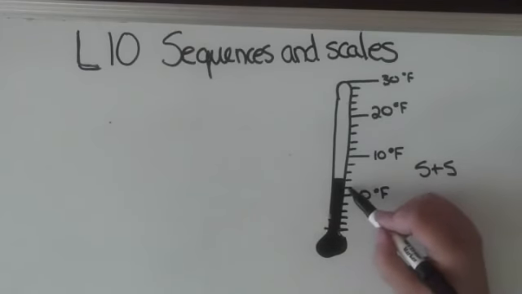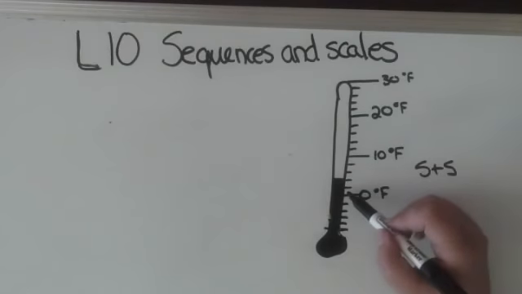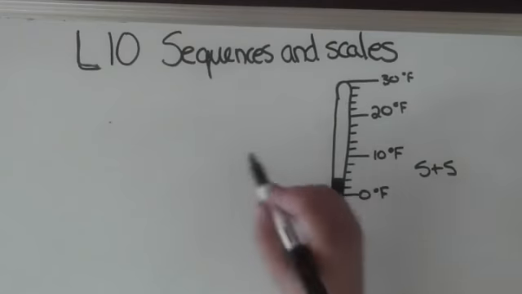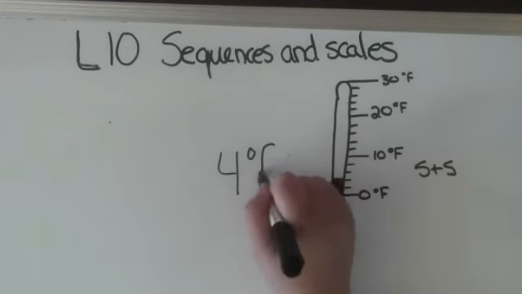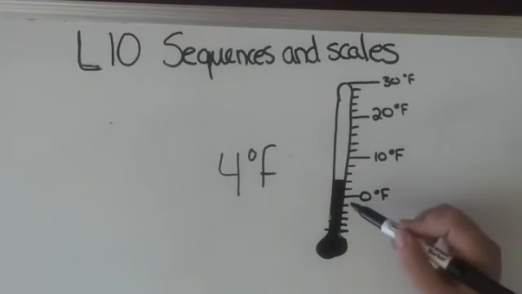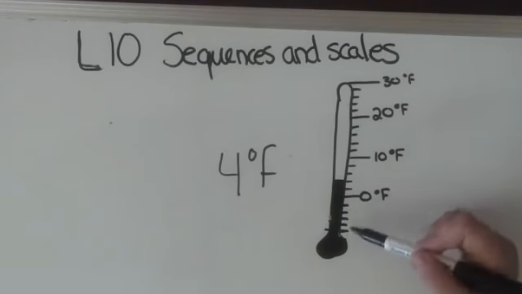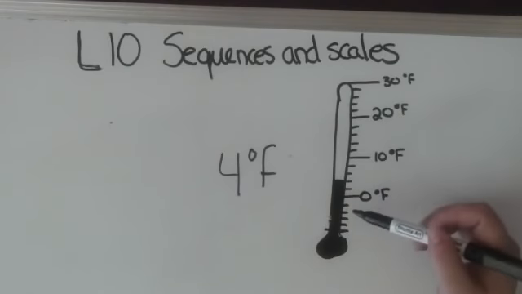So this is 2, 4, 6, 8, 10, which means I'm at 24 degrees Fahrenheit. You need to pay attention to what increment it is going up, because that is going to tell you what your scale is.